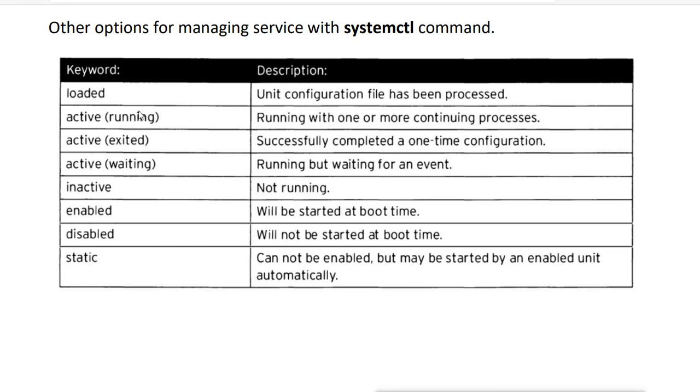So when it says loaded, that means the whole configuration file has been processed properly, there is no problem. When we see active running, it is running with one or more continuing processes. When we see active exited, it successfully completed a one-time configuration. Active waiting means it is running but waiting for an event.